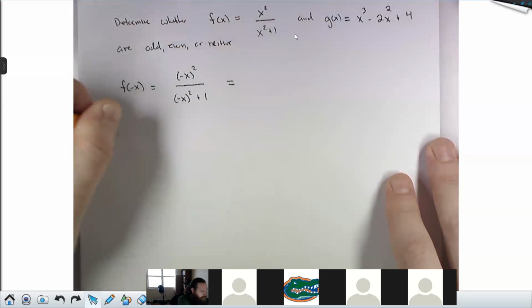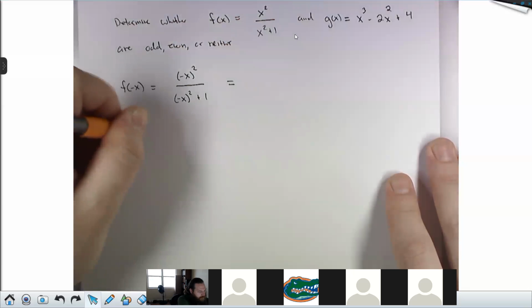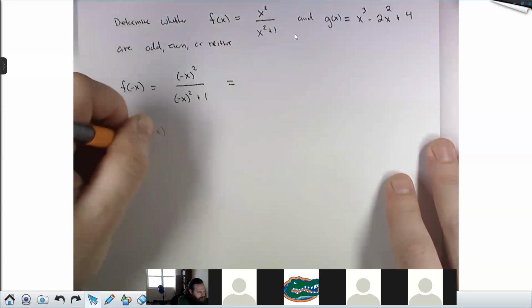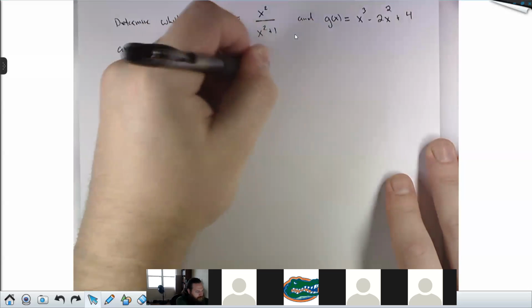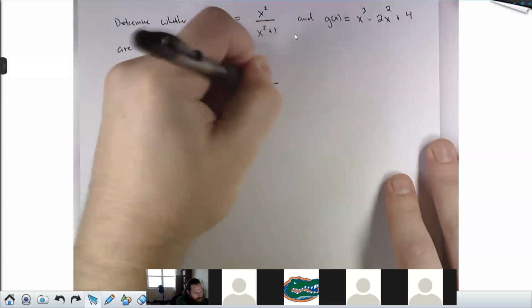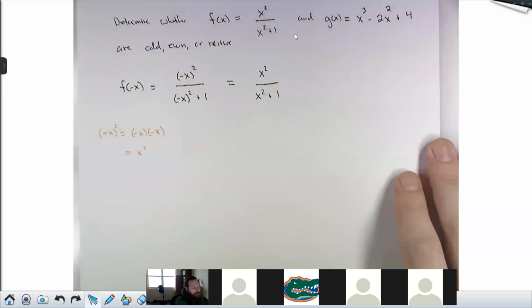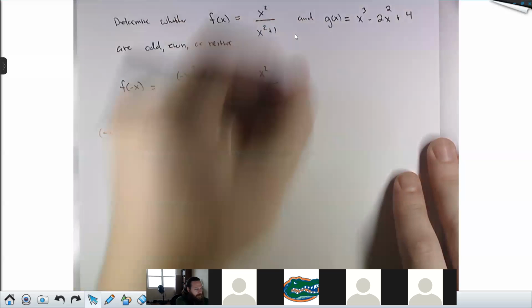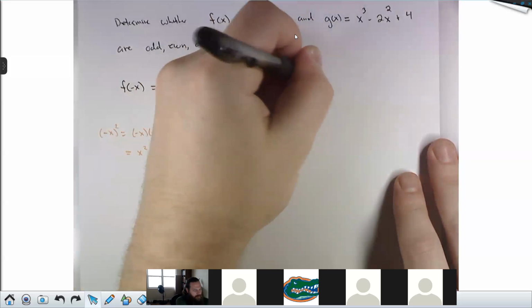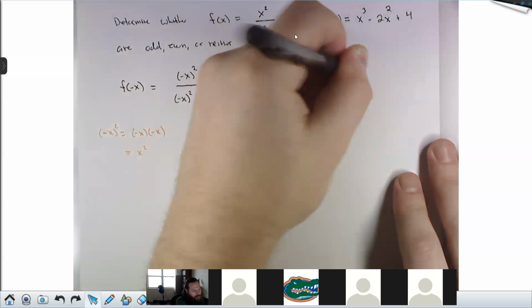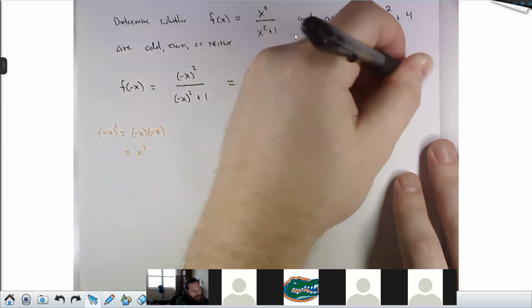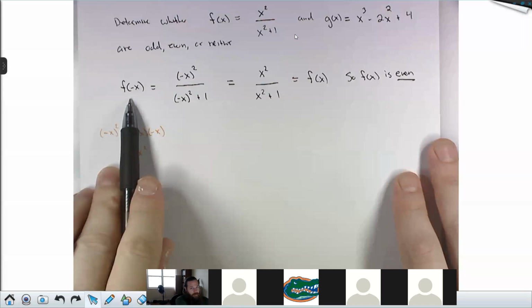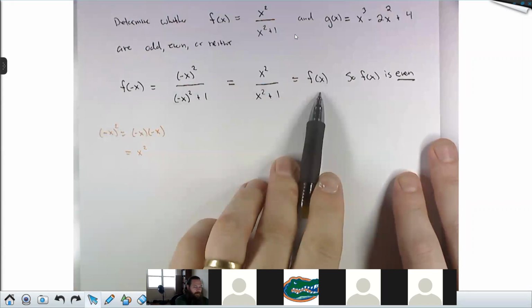Negative x squared is negative x times negative x is positive x times x is x squared. So this piece over here is x squared, this piece down here is x squared, and 1 is still 1. And this is my original function. This is f of x. So f of x is even, because f of negative x simplifies to f of x.